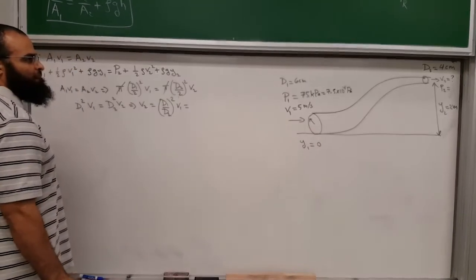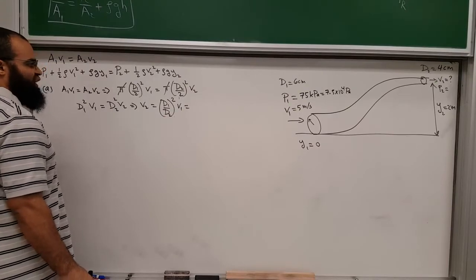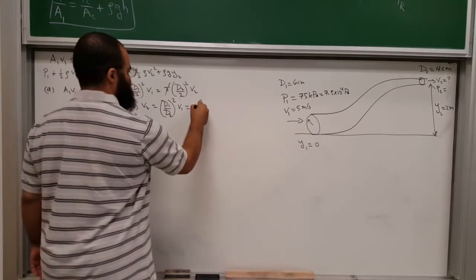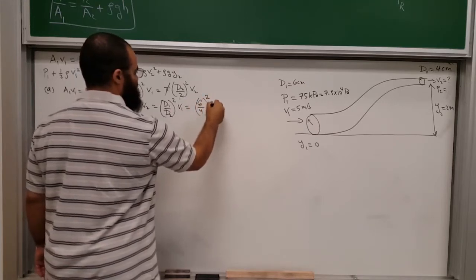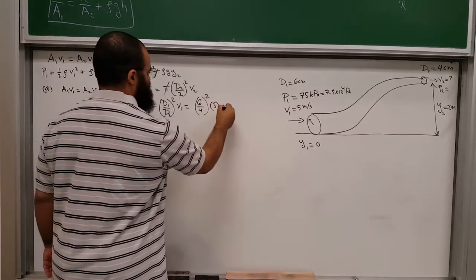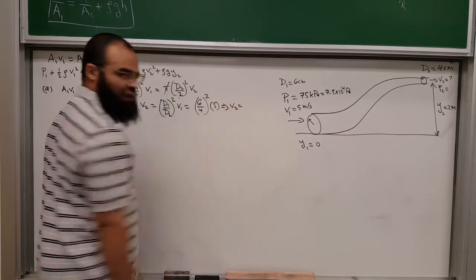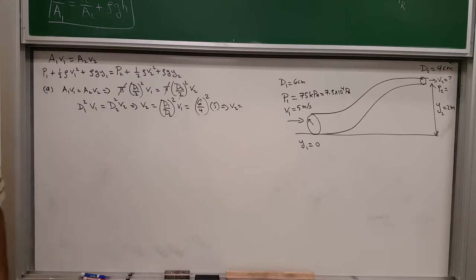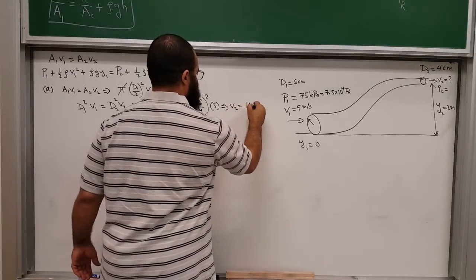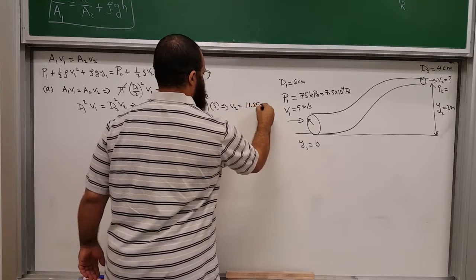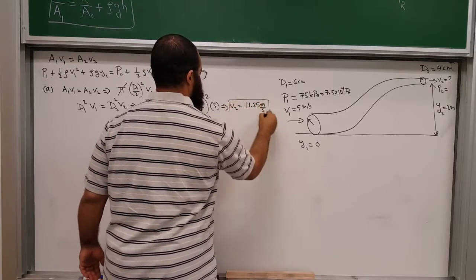Diameter 1 is 6, diameter 2 is 4, so we have 6 over 4, the centimeters cancel anyways, times V1, which is 5. Let me get my calculator. We get 11.25 meters per second. So that's V2.